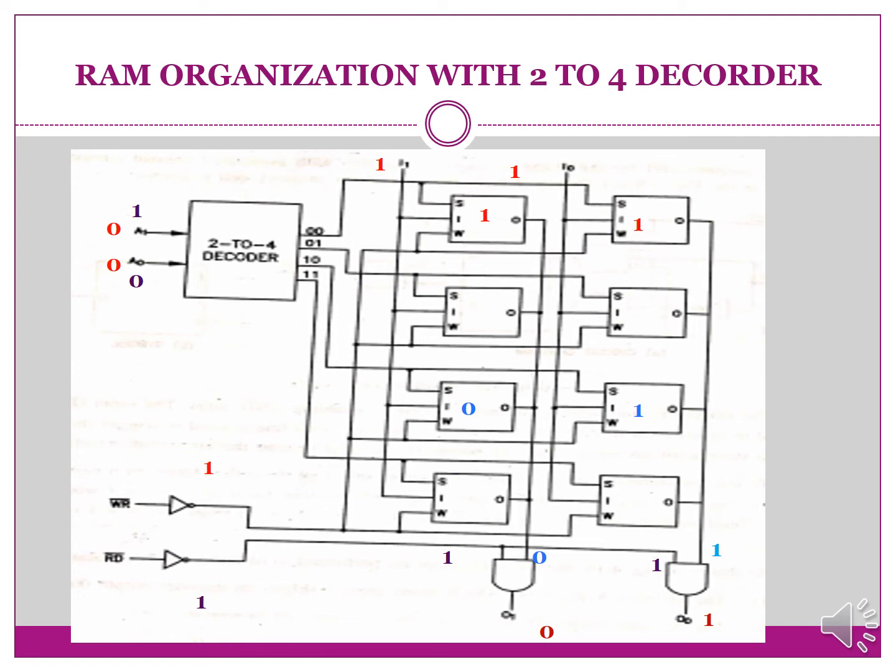Now we are seeing O0. In O0, your read signal is already high, so it is 1, and the data stored in this chip is 1, indicated with blue numbers 1, 1, 1. If both inputs are 1, we are getting output also 1. This way we can read the data from RAM memory organization.